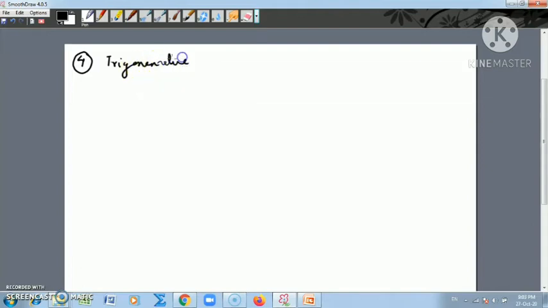It is like W is equal to sin z or cos z or tan z. When we have functions of this type, we call them trigonometric functions.